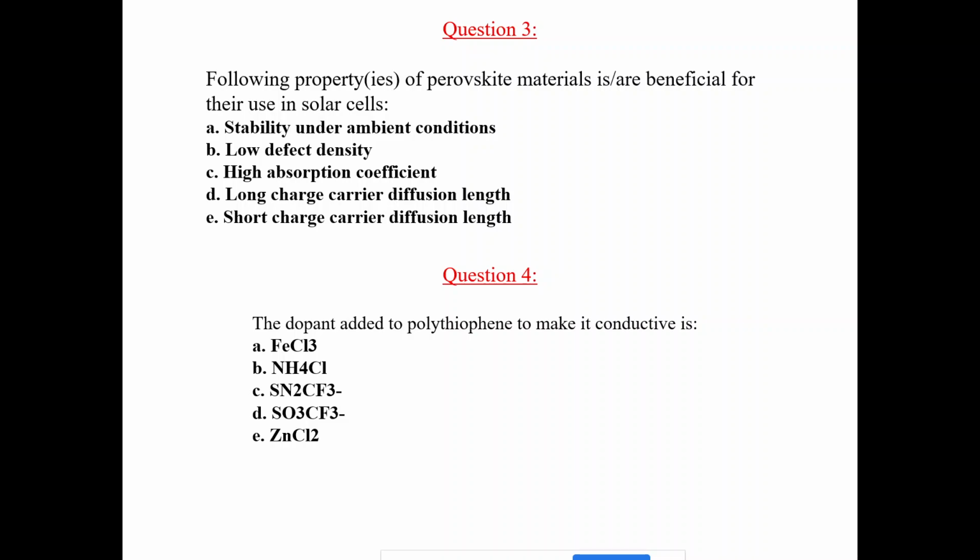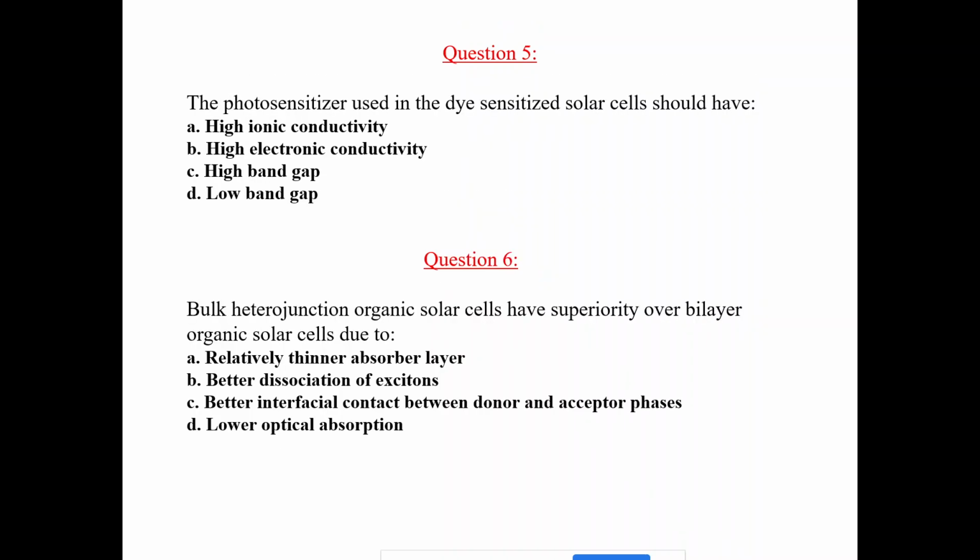So your answer was SO3CF3 minus. Let's move to the next question. The next question is saying that the photosensitizer used in the dye sensitized solar cell should have high ionic conductivity, high electronic conductivity, high band gap, or low band gap. Tell me the answer.